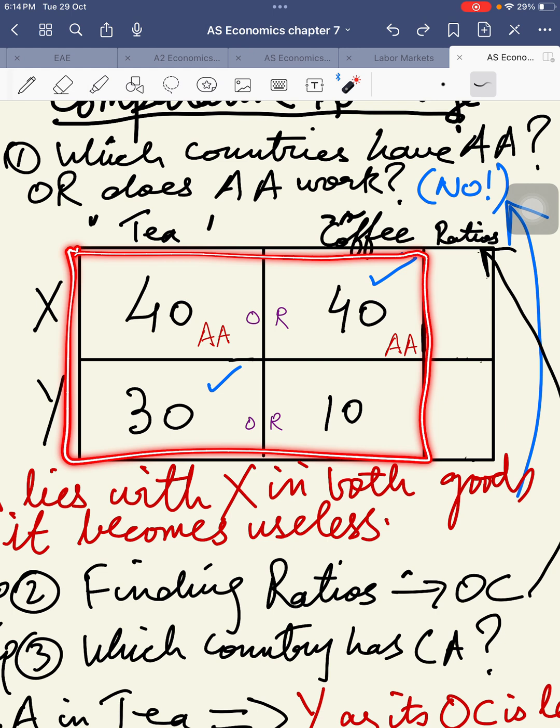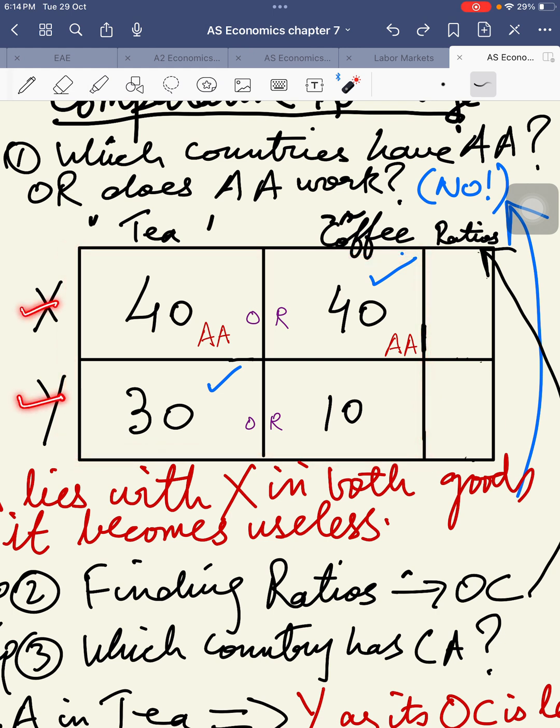We are assuming that there are only two countries in the world, country X and country Y, and we are assuming there are only two goods in the world, tea and coffee, right? The first thing to do is see which countries have absolute advantage in which good, or does the theory of absolute advantage work or not.